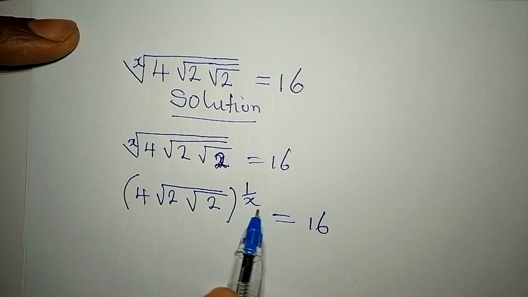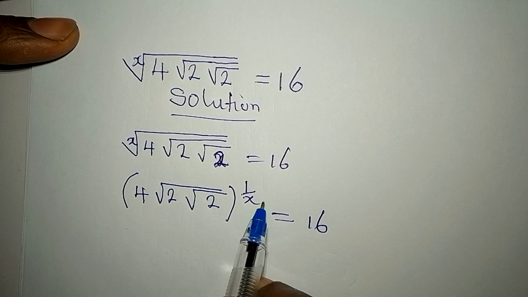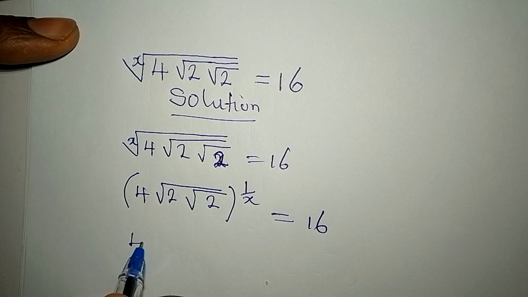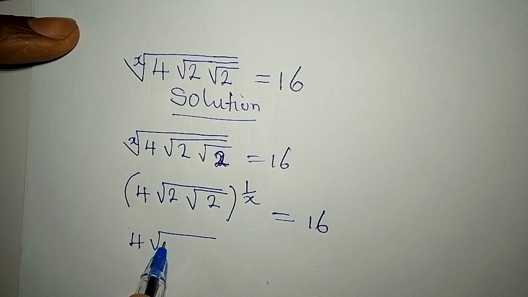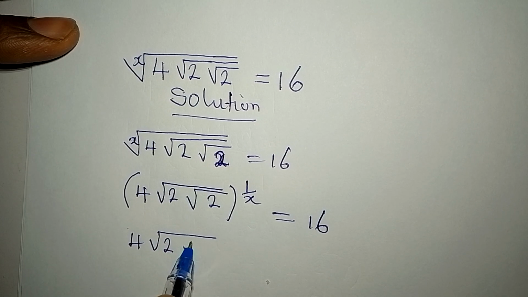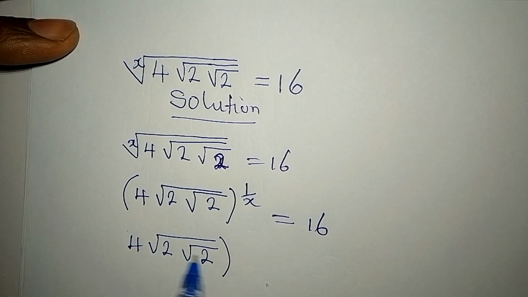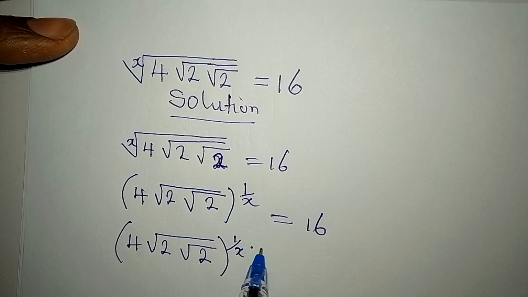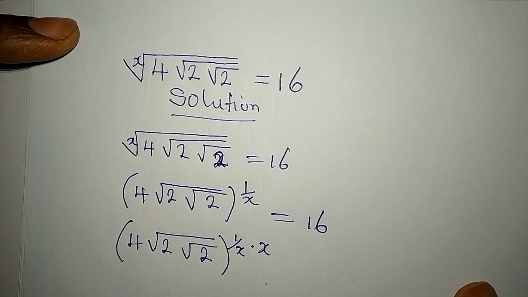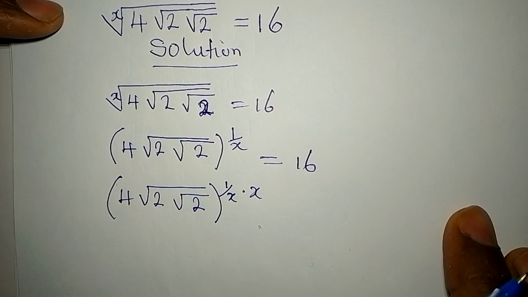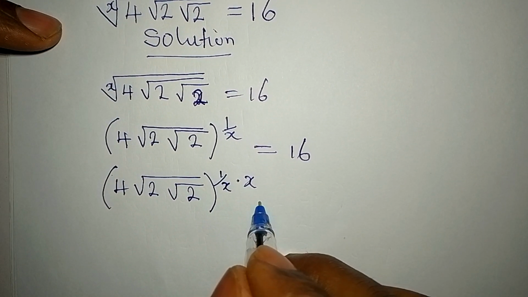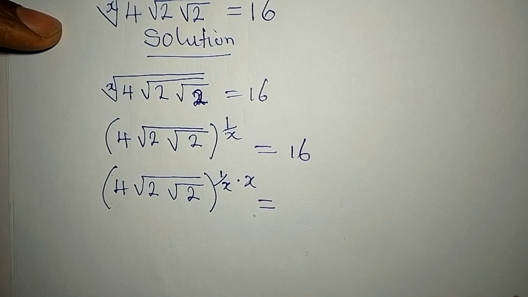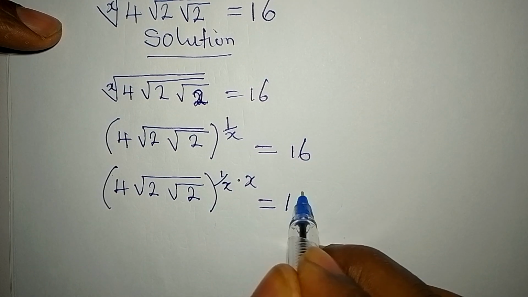So we do that by multiplying this power now by x. So we're going to have 4 root 2 root 2 to the power of 1 over x multiplied by x. Okay, so the power will be multiplied by x, and then since we are multiplying the power by x, it has to reflect on the right.